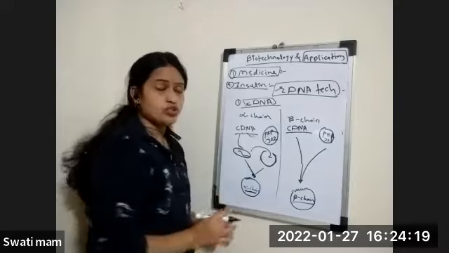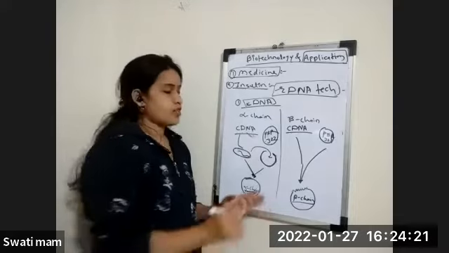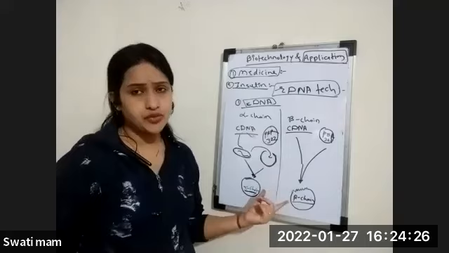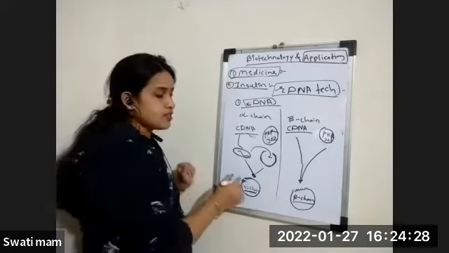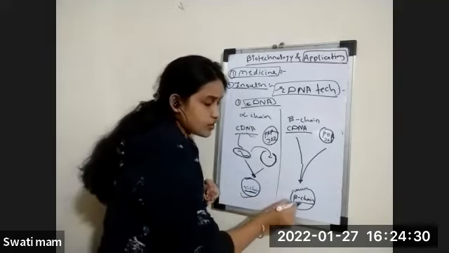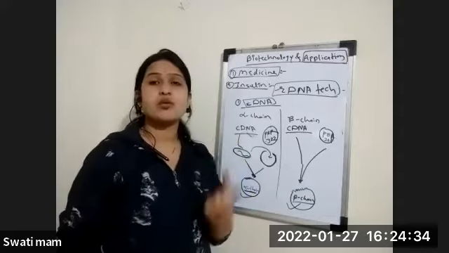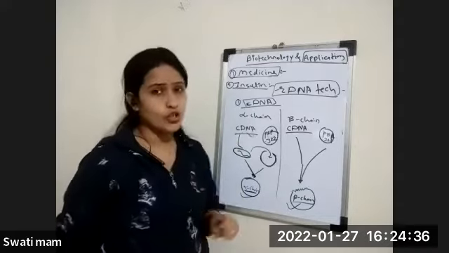Now what happened in the next step? We have only generated the alpha chain and beta chain within the laboratory. After producing them, both chains are mixed in a suitable host cell, that is E. coli.